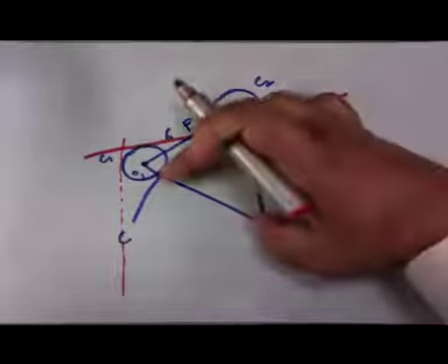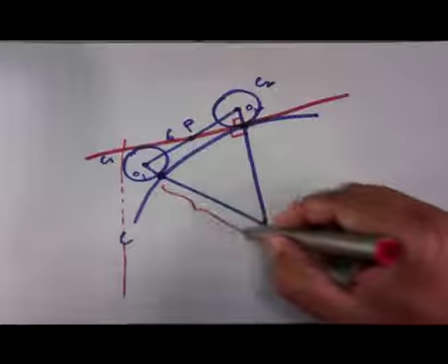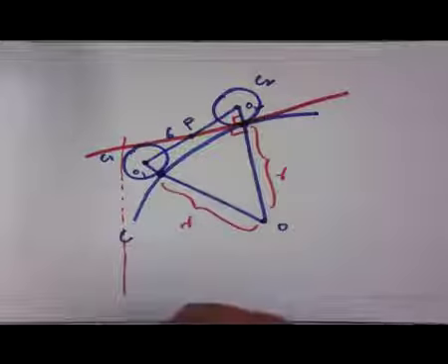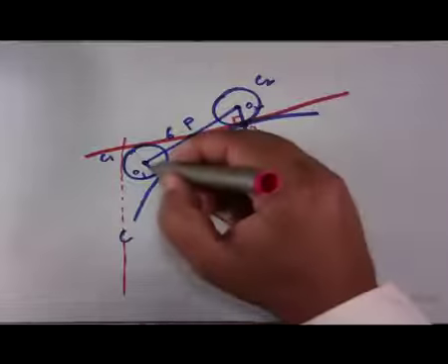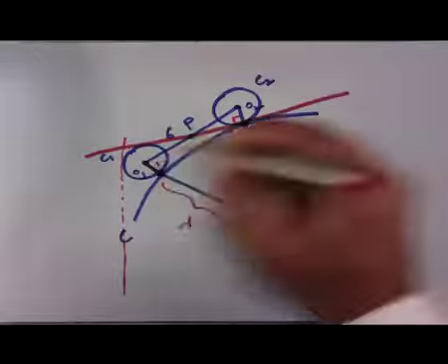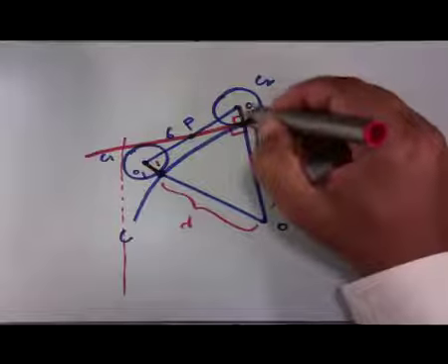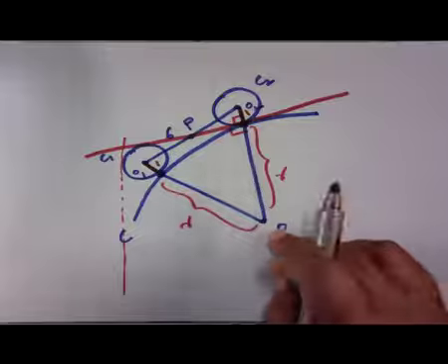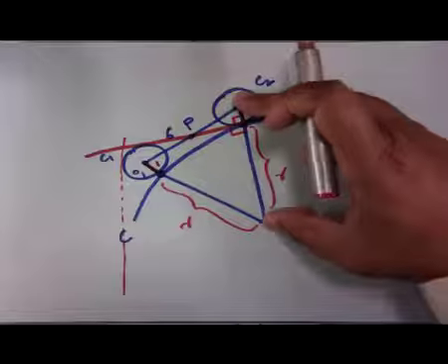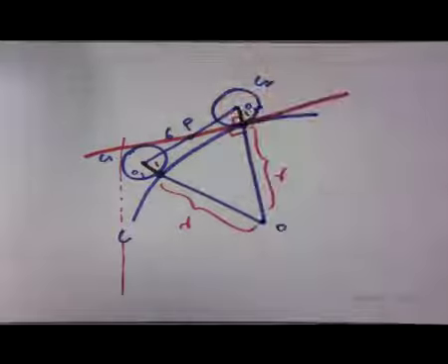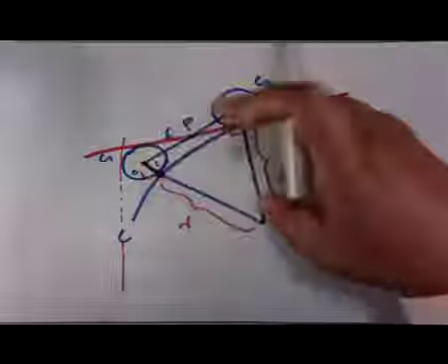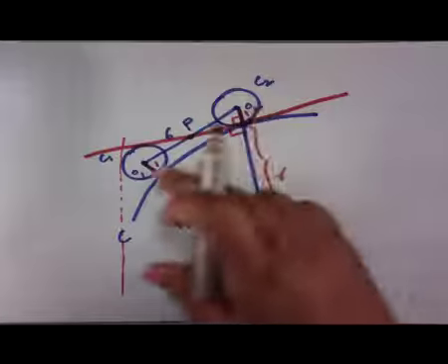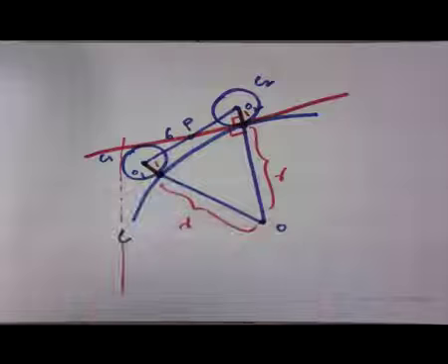So, let the radius of the circle C, which is what we have to find out, be R, and this is of course 1 unit, and this radius here is also 1 unit. So, if we look at the triangle O1 O2 O, two sides are of the same length, R plus 1, equal to R plus 1. So, this side is also R plus 1, this side is also R plus 1, and therefore this is an isosceles triangle.